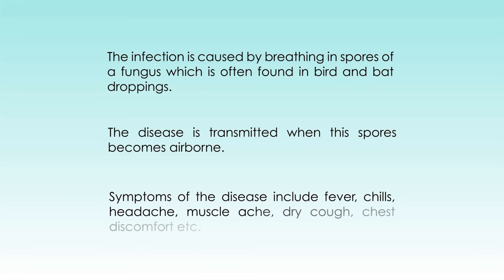And the symptoms of the disease include fever, chills, headache, muscle ache, dry cough, chest discomfort, etc. So people who have underlying lung disease may develop a chronic form of histoplasmosis. And signs of chronic histoplasmosis may include weight loss and a cough that brings up blood.